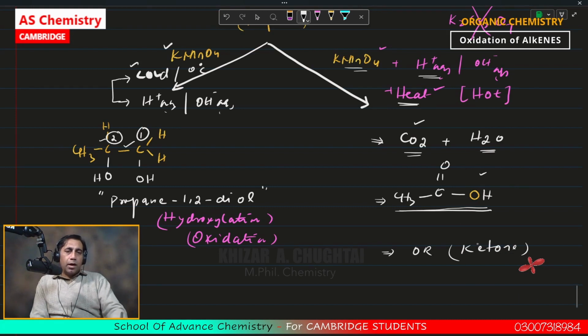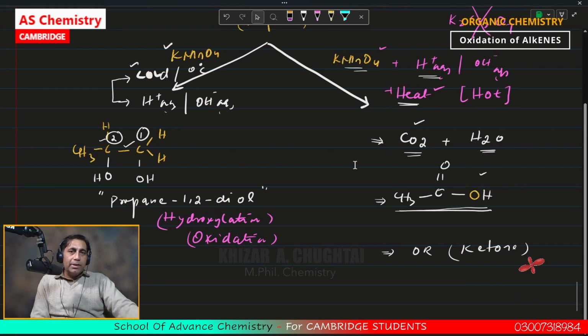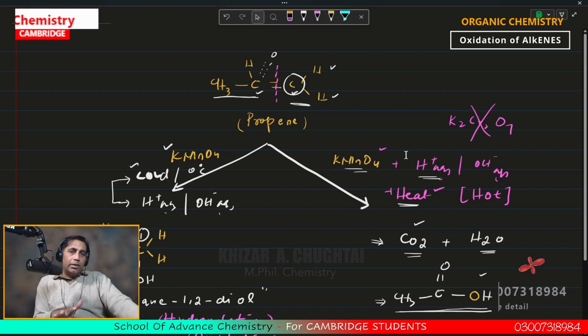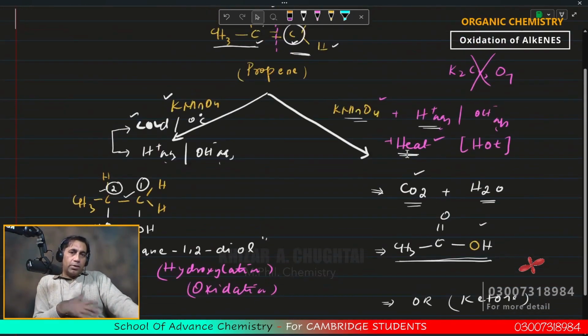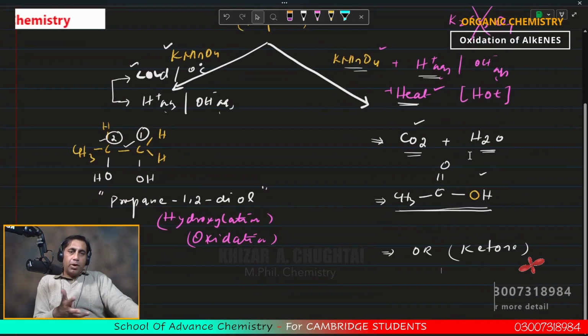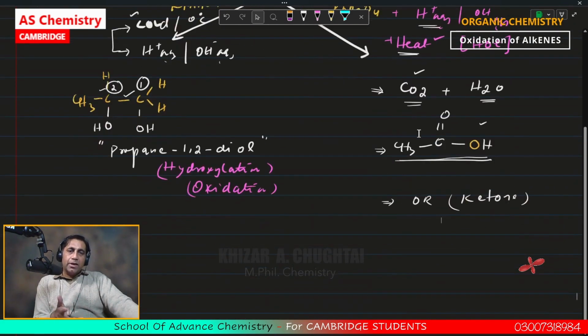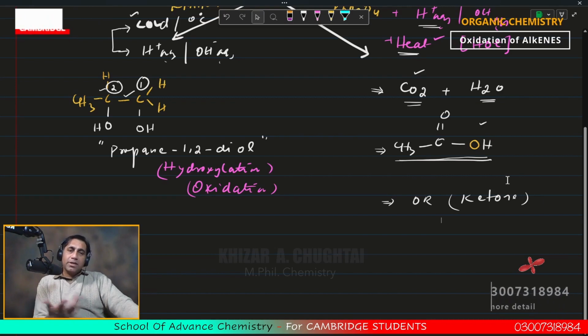So three kinds of carbon products are possible whenever you heat any alkene with KMnO4. Sometimes only CO2 is possible, sometimes maybe only the acid, sometimes CO2 and the acid both, as you have seen in this case, and sometimes just ketone is formed, or ketone and acid.